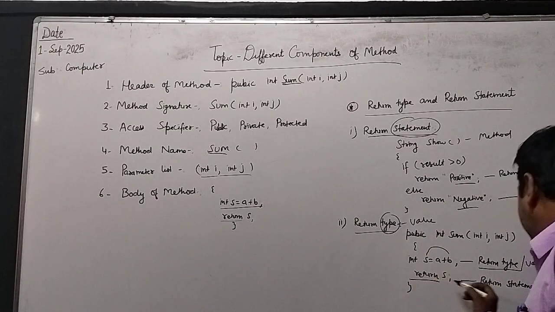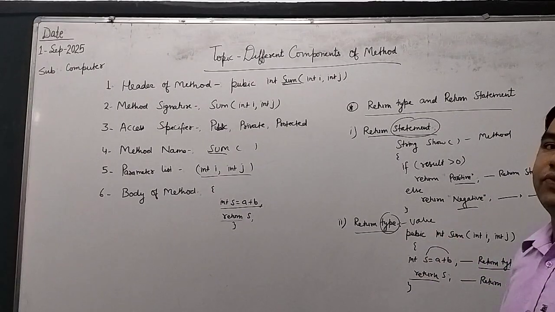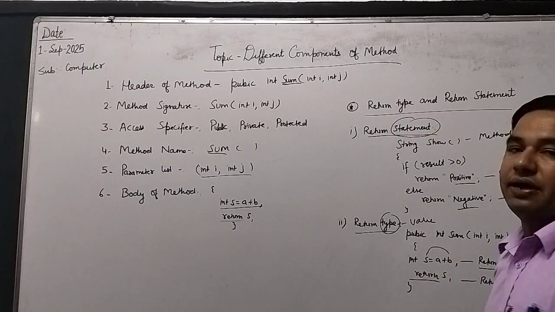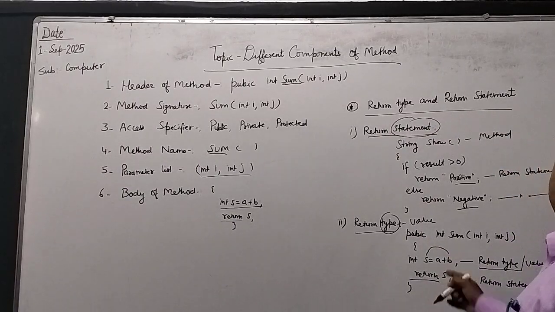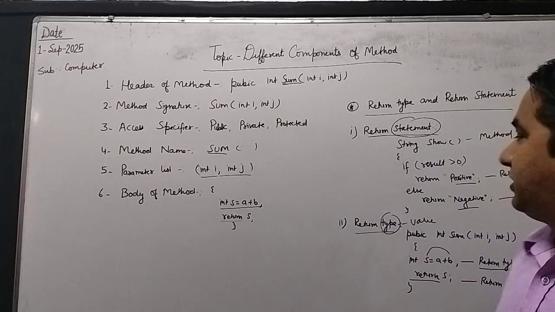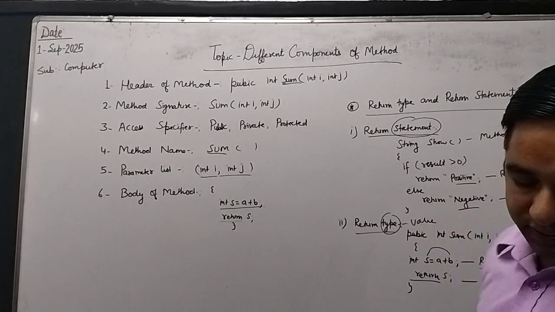Next is return s, which is the return statement. So the return type gives the type of value returned, which is stored in the variable, and the return statement returns it.